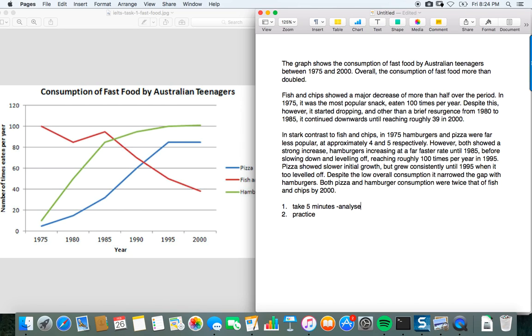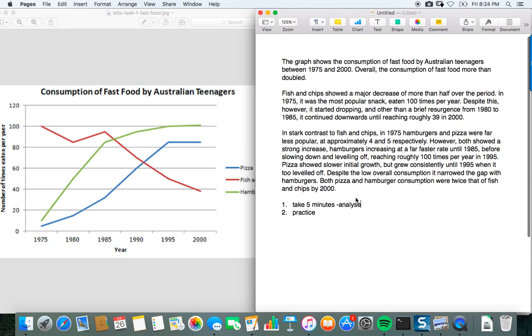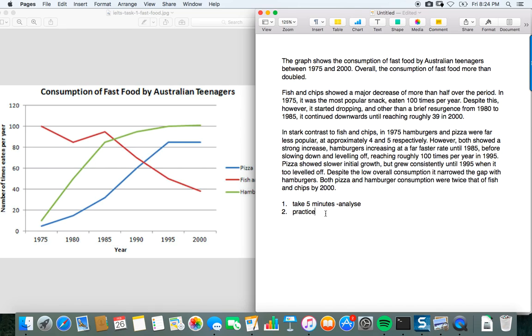If you've got a few months, that's ideal. And also, it doesn't matter what kind of task it is. If it's a pie chart, if it's a flow chart, if it's a diagram, it's the same thing. You need to analyze and get that macro trend. 2, obviously, is practice. And 3, remember that structure, trend, data. Tell me what the trend is and then support it with the data.